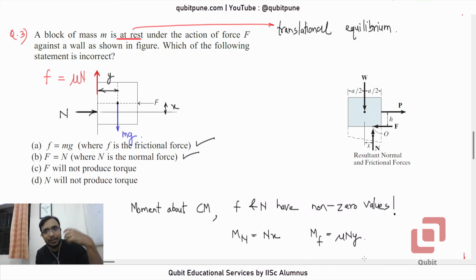And torque is responsible for what? Torque is responsible for rotation. So out of the given options, F is not going to produce any torque, but N is going to produce torque. So the incorrect statement is N will not produce torque. So correct option is D.